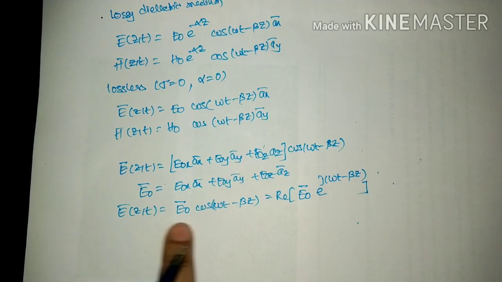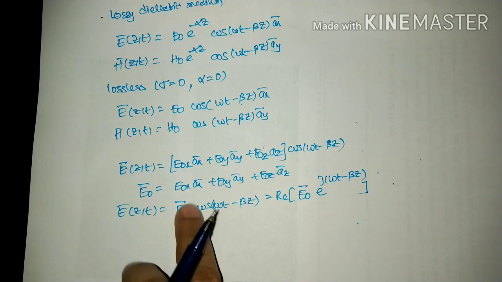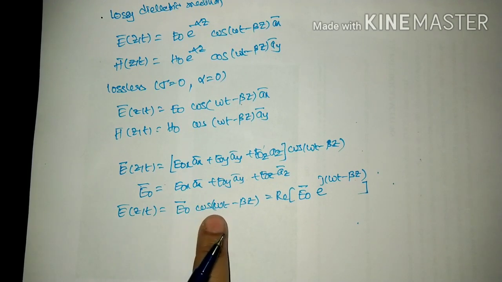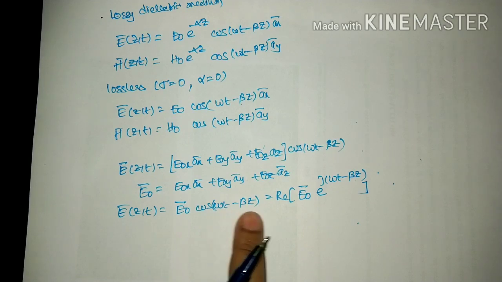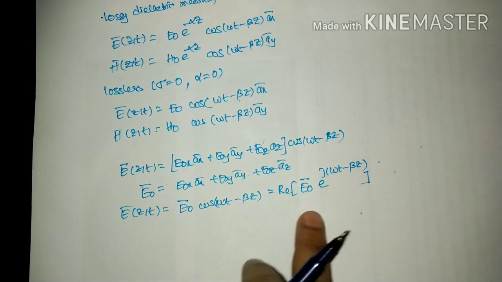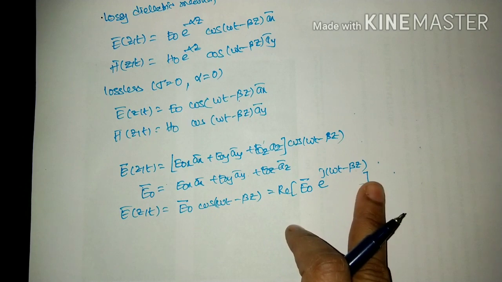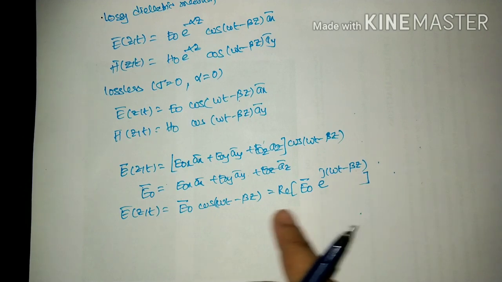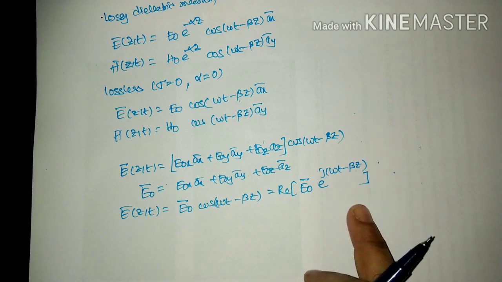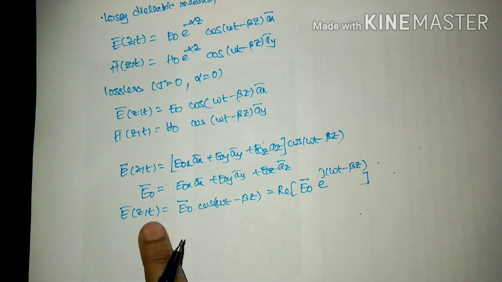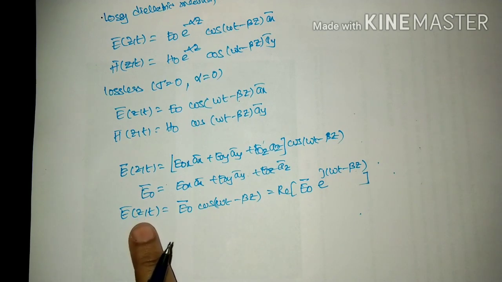So the electric field having all the components can be represented with E naught bar into cos of omega t minus beta z, which can also be written as real part of E naught bar into e power j omega t minus beta z. So this is the general way of expressing the electric field for the wave propagating along the z direction.